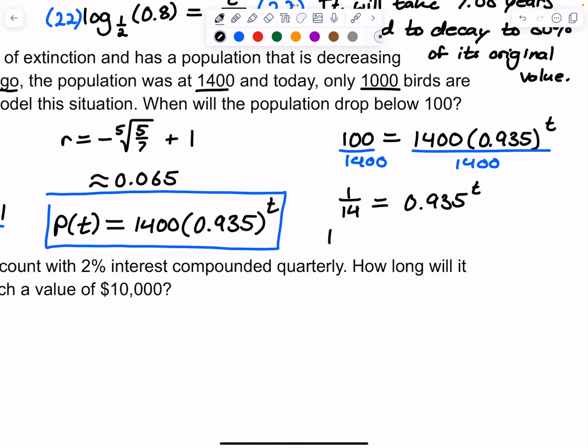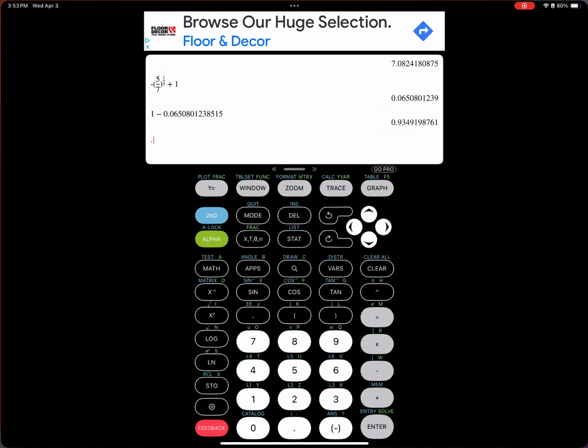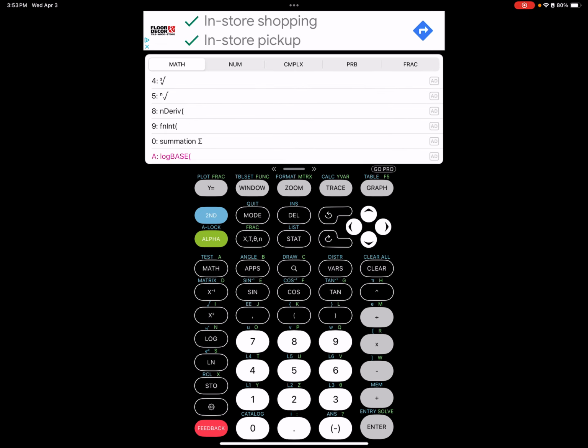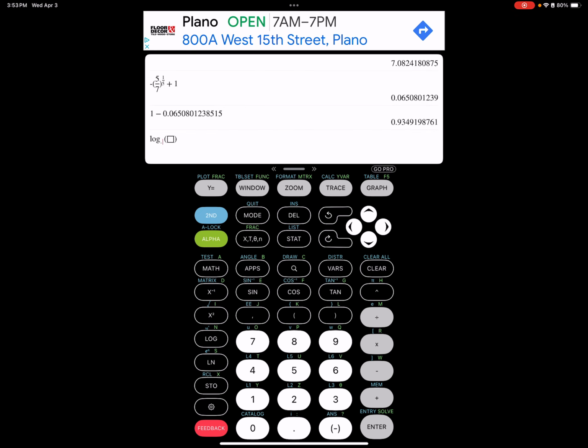I can rewrite this as a logarithm, and it's log base 0.935 of 1 over 14 is equal to t. So let's see, we're going to do log base 0.935. It'll be rounded, but that's okay, of 1 over 14.